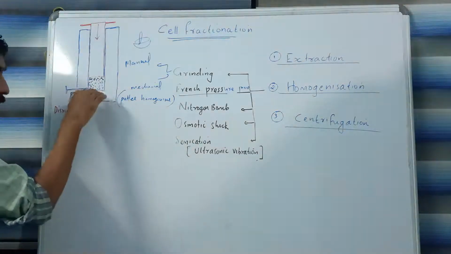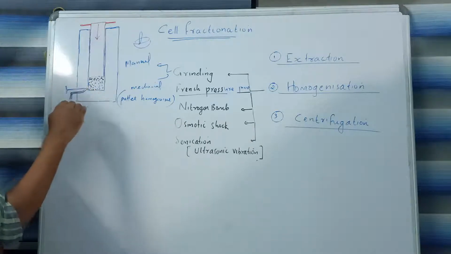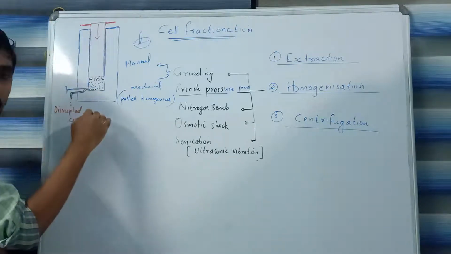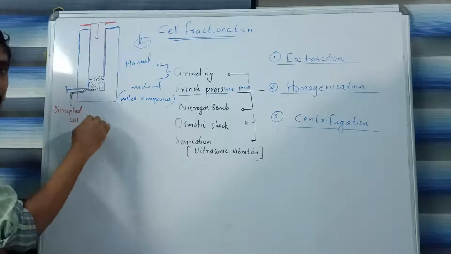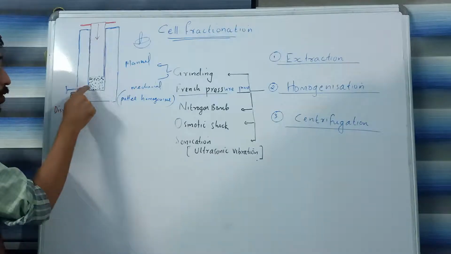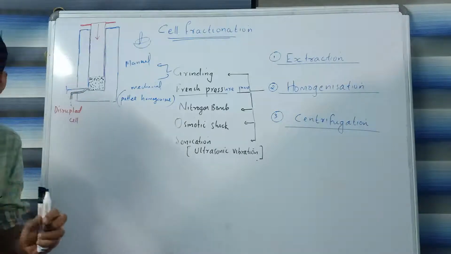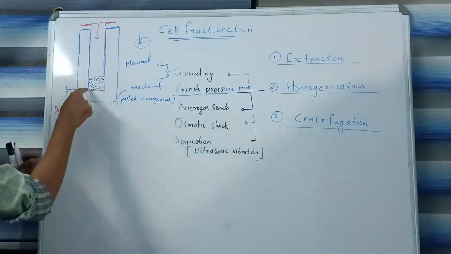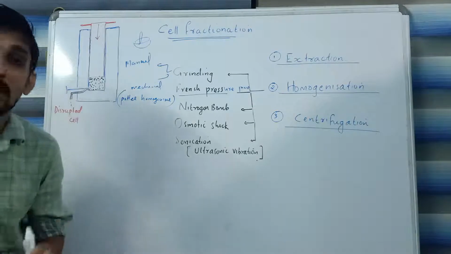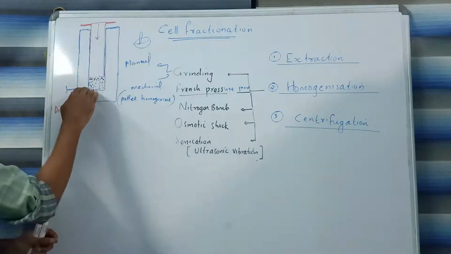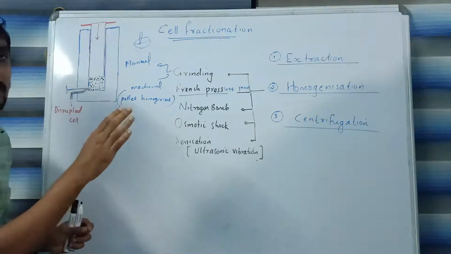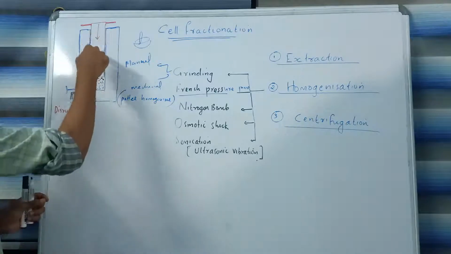So due to the pressure, the cell wall and cell membrane of the cells going through this narrow tube get totally disrupted. By this process we can disrupt the cell wall and cell membrane by using pressure.